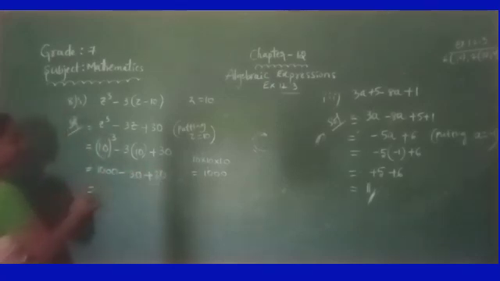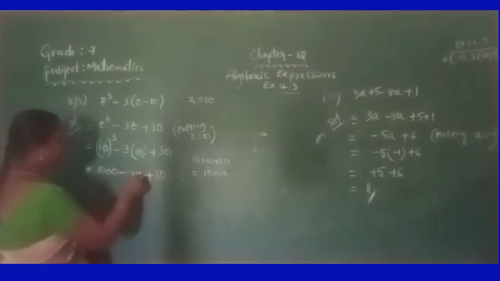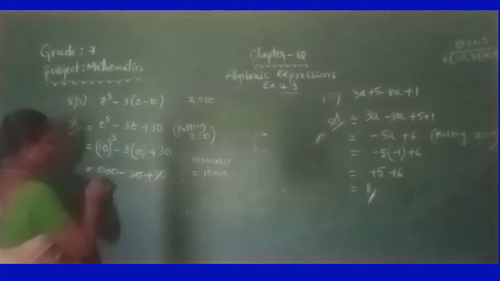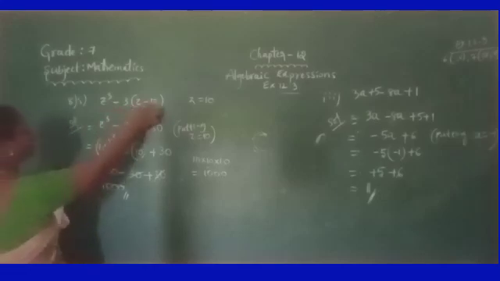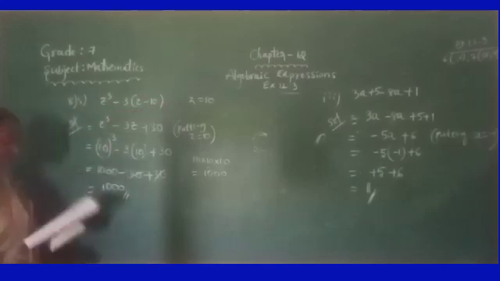Okay, children? Right. Minus 30 plus 30, both are equal to 0. What is the remaining value? 1000. Now tell me the value of that expression. z cube minus 3 into z minus 10 value is 1000.